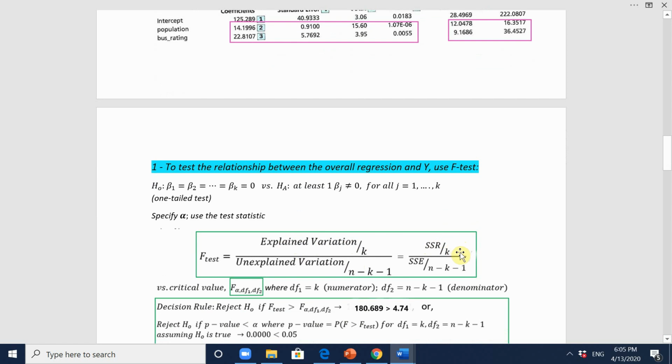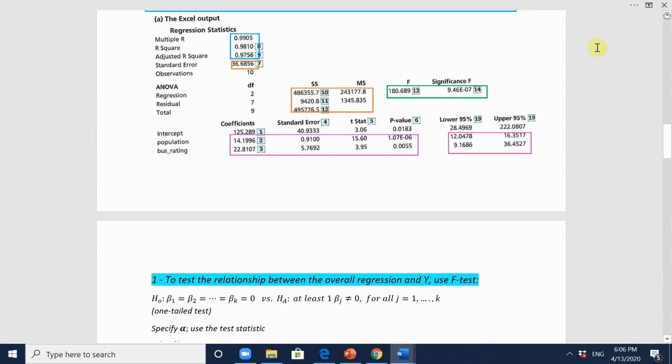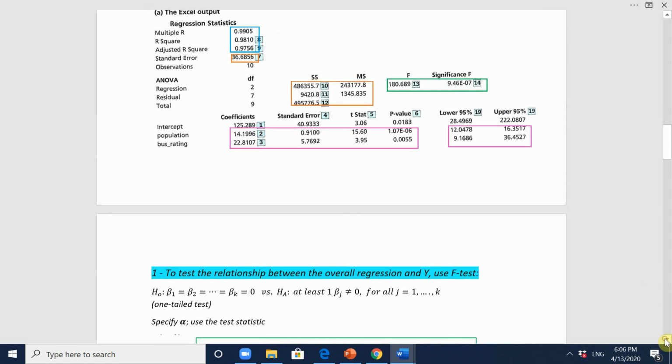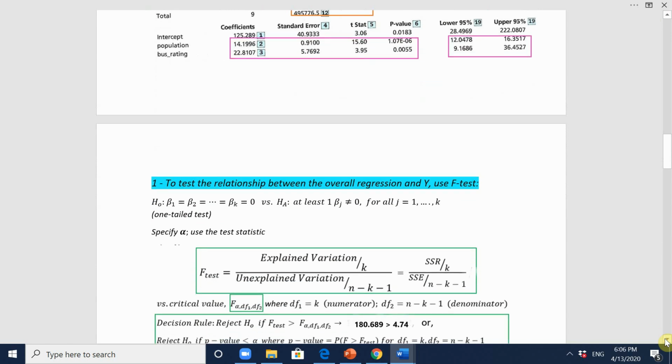K, once again, is the number of independent variables you have in your regression model. In the restaurant example with x1 and x2 as my independent variables, I've got two independent variables, right? So I would be dividing my SSR, that's my explained variation, by 2.